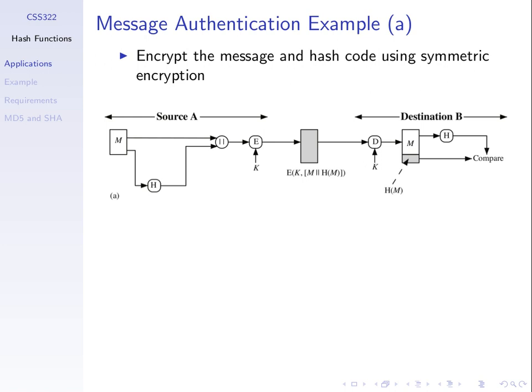Do we need a hash value in this example? What if we didn't use this hash and just encrypted the message and sent it, no hash value? Do we provide any authentication?